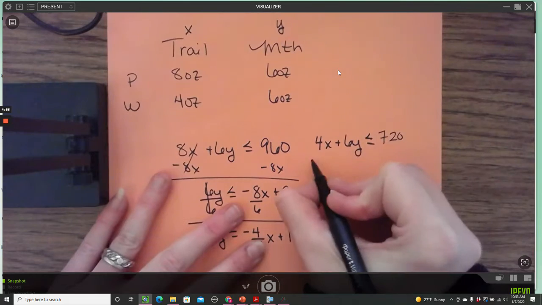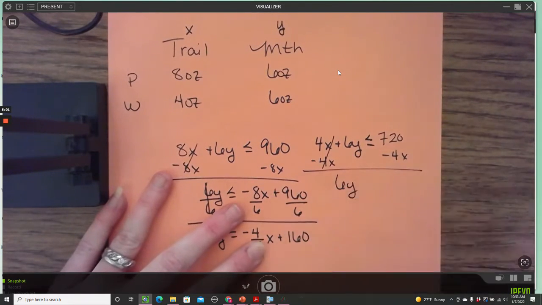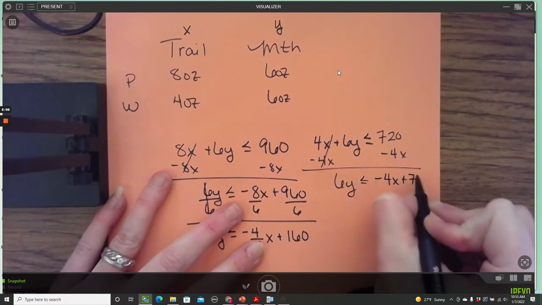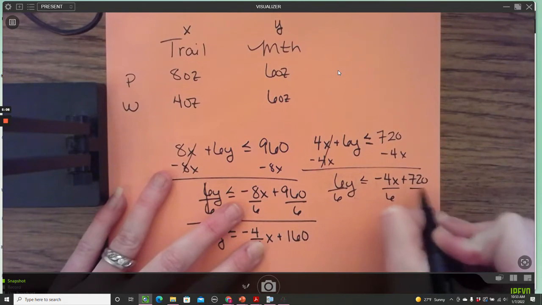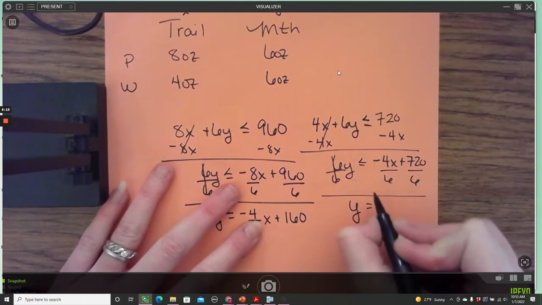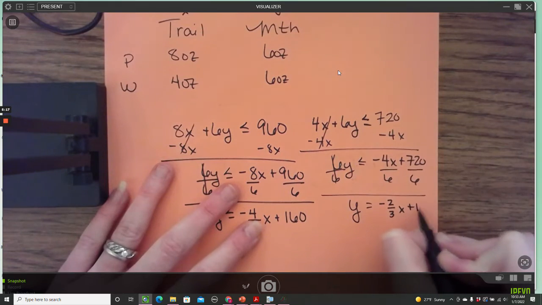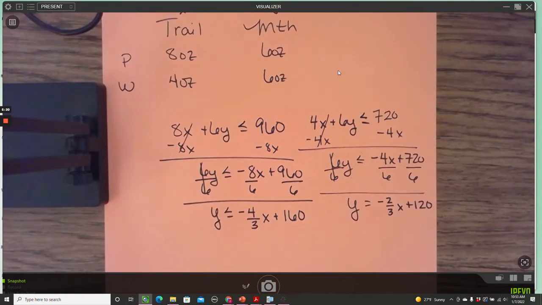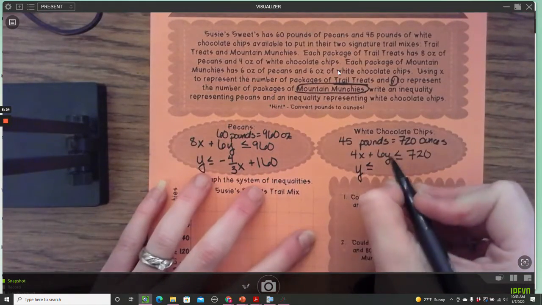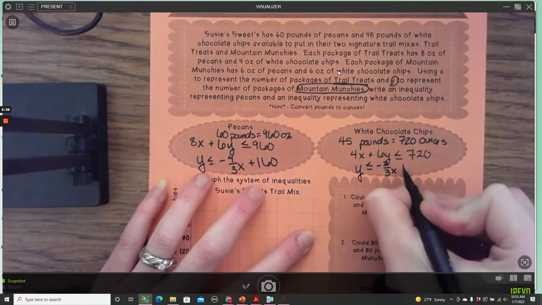If I convert it to slope-intercept form, I get 6y less than or equal to negative 4x plus 720. Divide everything by 6. Negative 4 over 6 simplifies to negative 2 over 3, and 720 divided by 6 is 120. So y is less than or equal to negative 2 over 3 x plus 120.